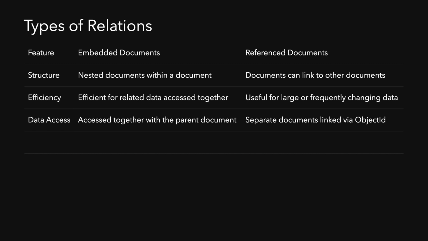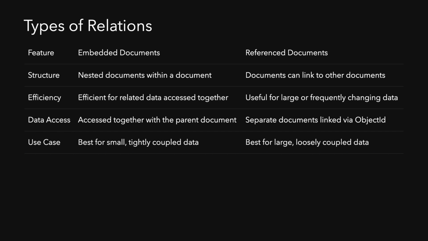When we have data access, of course, when we want to get embedded documents together. Reference documents need to be separate, and they are linked by object ID. And use case: embedded is best for small and tightly coupled data, and reference document is best for large, loosely coupled data.